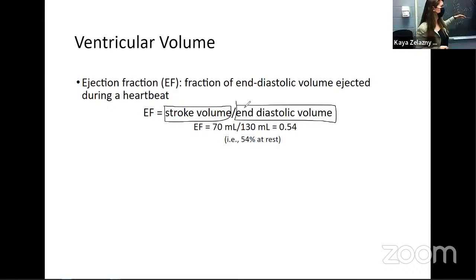Because we're not going to have a very specific milliliter number that would be consistent enough to apply to everyone. So at rest, your ejection fraction, the amount of the blood in the heart that you should be sending out to the systemic circuit, should be about 54%, right?